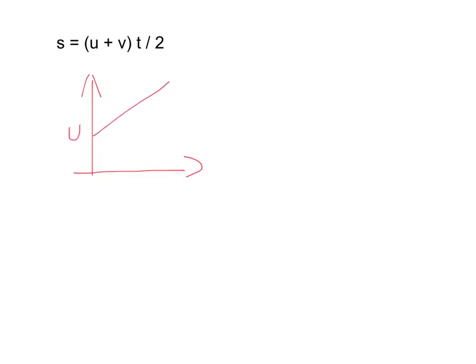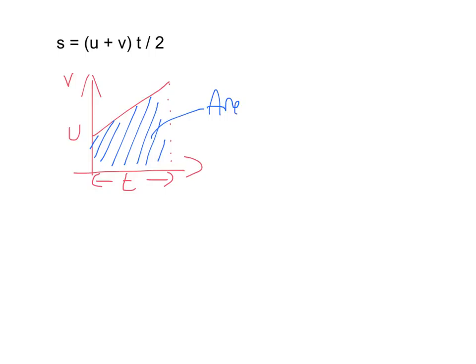Okay, the speed changes from the initial speed u up to the final speed or velocity v, and t, the time, is how long it takes to do that. Now, s, the displacement, is defined as the area under the graph. So if I just shade in the area under the graph here, that area is equal to the displacement s.